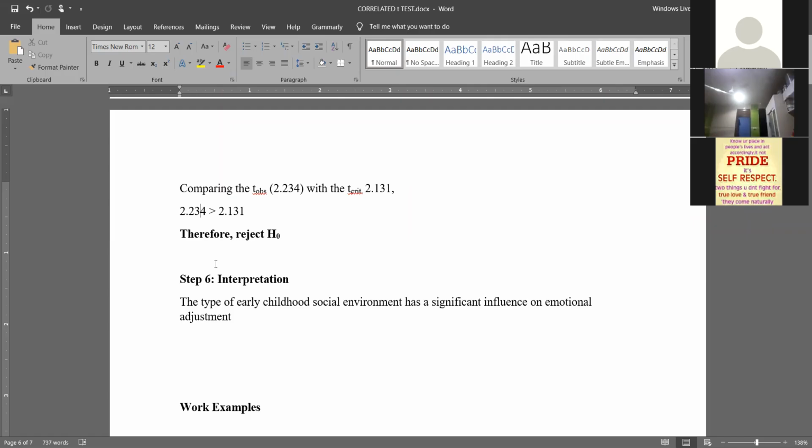This time around, you know what it is all about. So you wouldn't state it in future tense. It should be in present tense. So the type of early childhood social environment has a significant influence on emotional adjustment. So that'll be all.